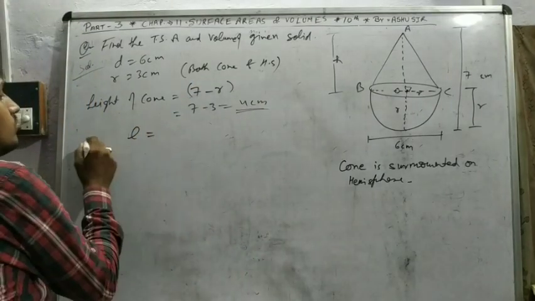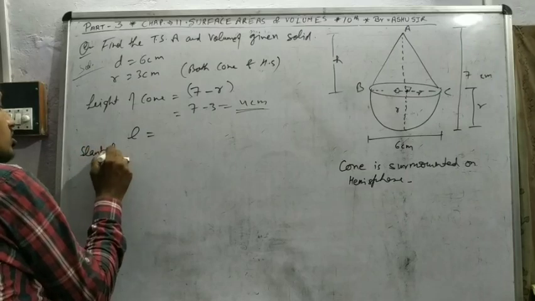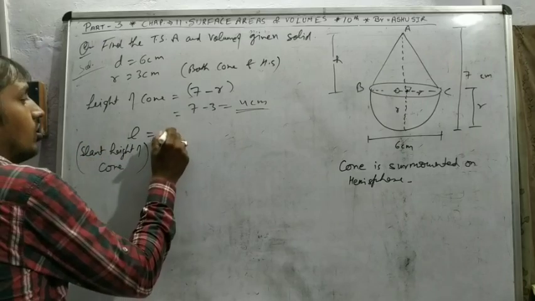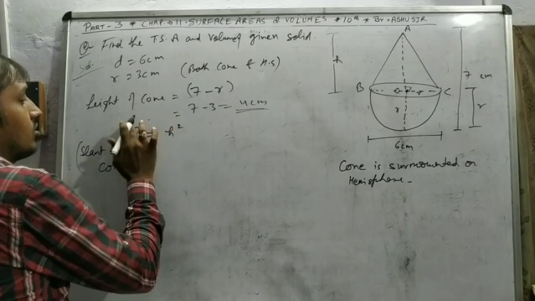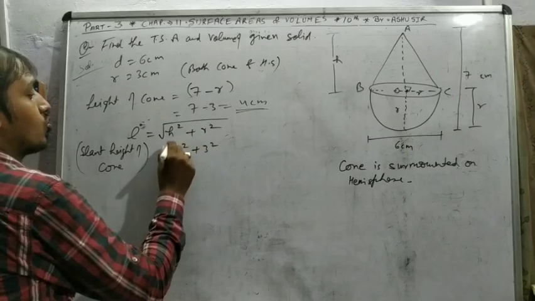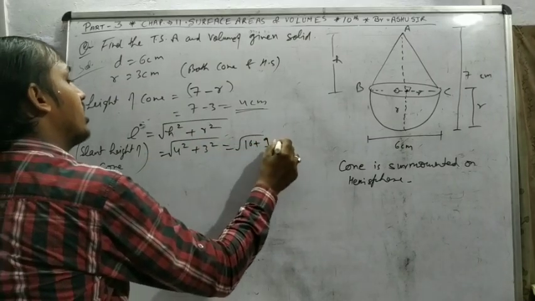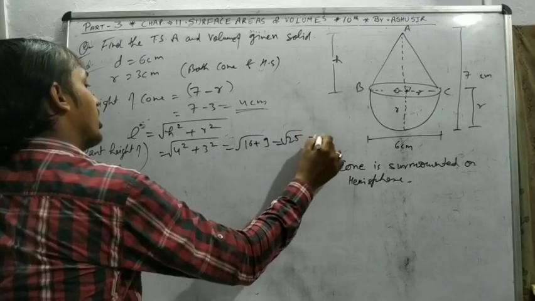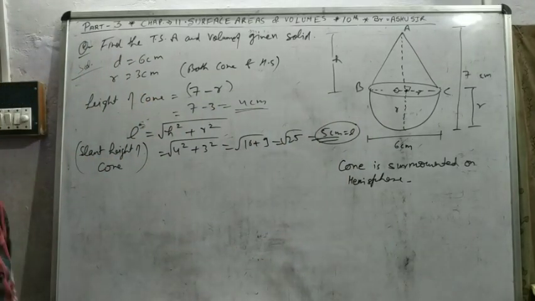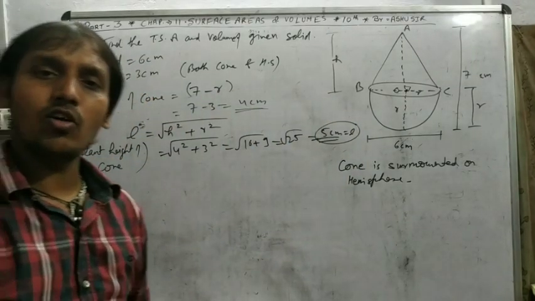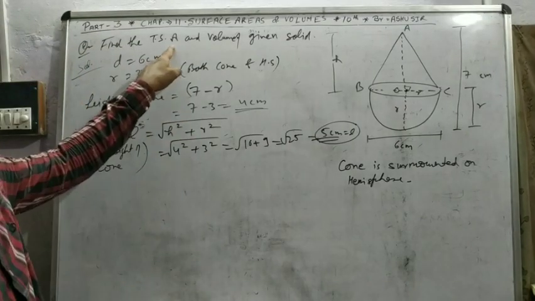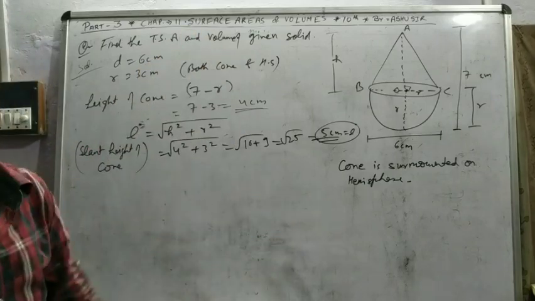So l is equal to, this is the slant height of the cone, l is the root of r square plus h square, 4 square, 3 square, 16 plus 9, 25, that is 5 centimeter is the value of l, slant height. Firstly, find all the unknown things that have to be used in the questions.